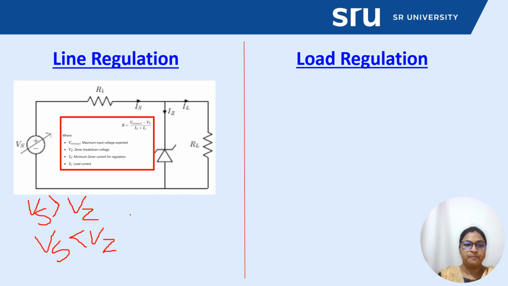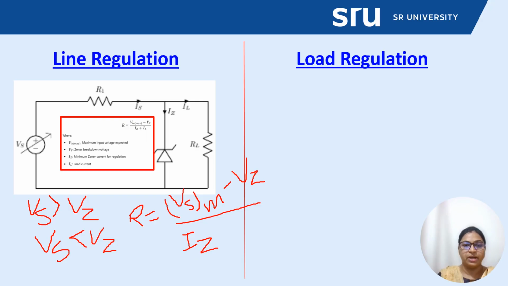So we can define R as Vs maximum, minus the Zener voltage Vz, divided by Iz, that is the Zener current, plus the current flowing in the load, IL.